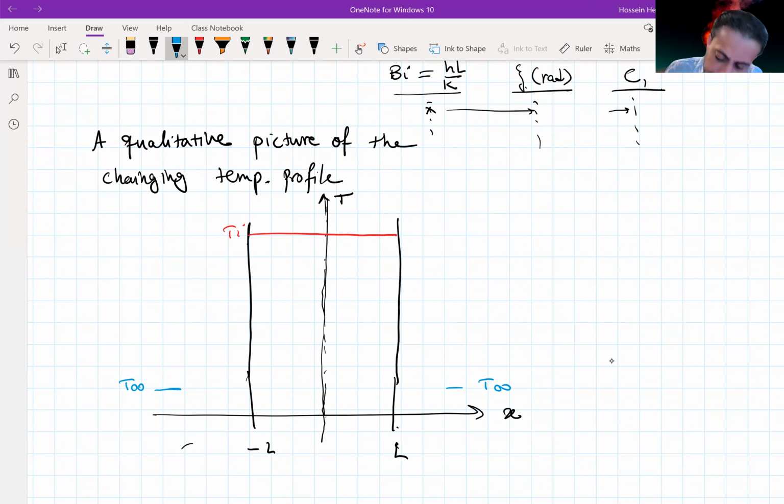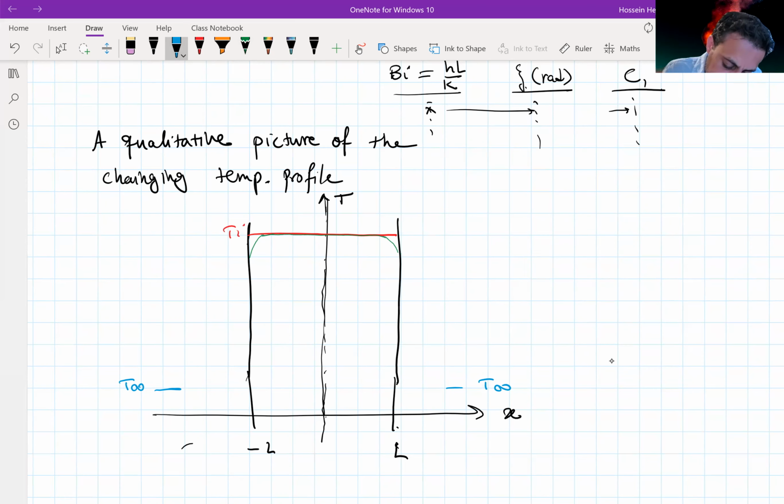It's a smaller temperature here. So when this wall is just immersed in this fluid, what happens is the heat starts to convect from the surface of that. So the temperature is dropping. Initially we would see a drop in the temperature on both sides, and everywhere else is going to be Ti. And then the heat is just convecting out of the system.